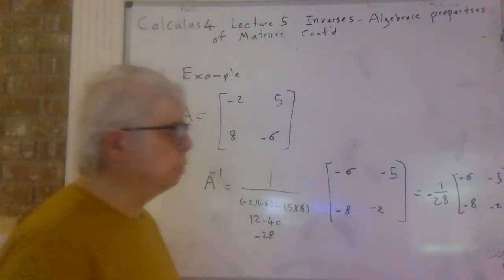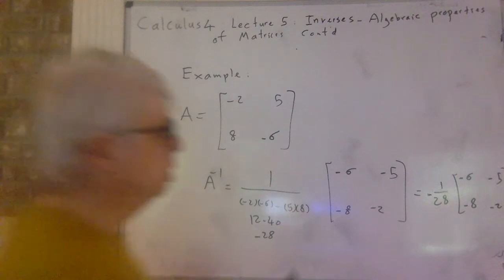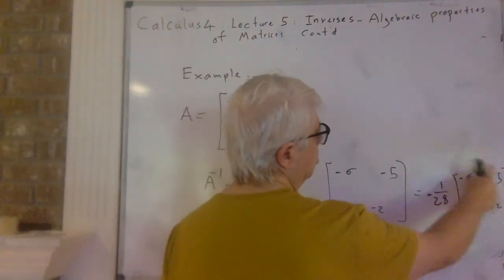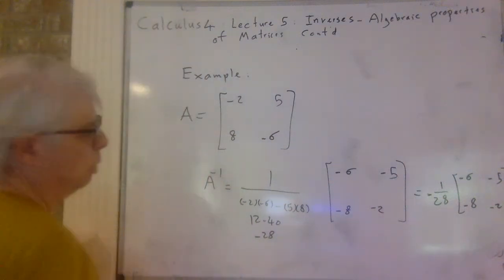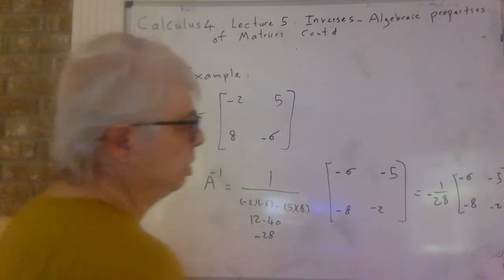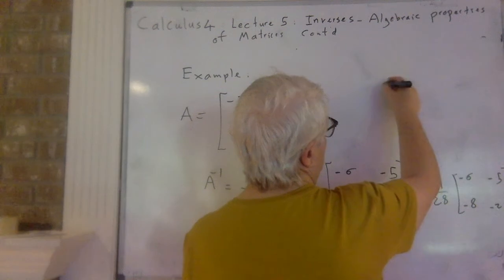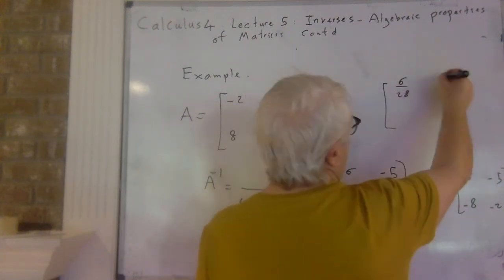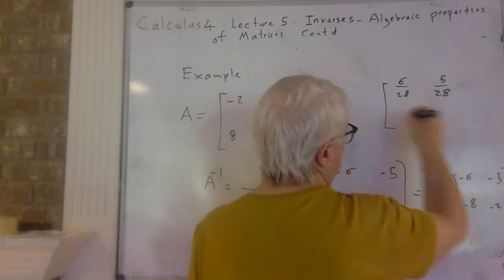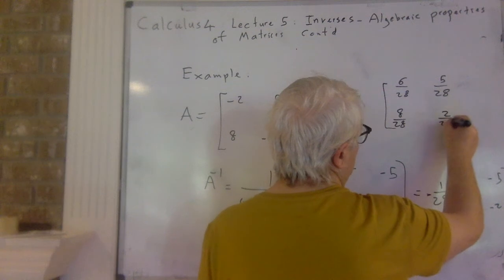That's okay if you write it like this, but you can get rid of the negative sign. You can multiply the negative 1 by each one of them and you will get rid of the negatives. But that's okay, you can write it like this. In fact, it's better to write it like this than putting this here. Or you can write it like 6 over 28, 5 over 28, 8 over 28, and 2 over 28.